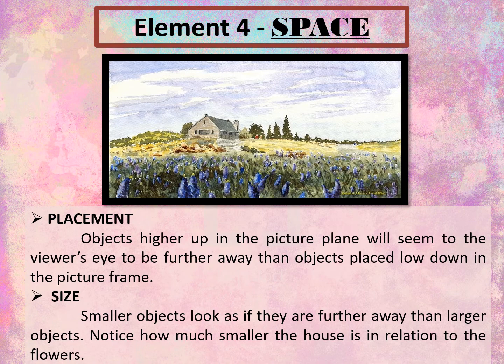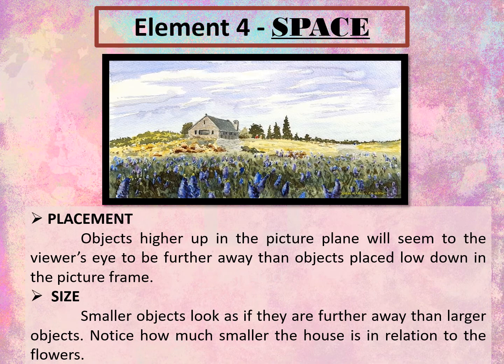While the size, smaller objects look as if they are further away. So, 'di ba, yung bahay maliit siya dahil nilagay siya sa malayo. So, the size of it is smaller object than larger object. So, yung mga malalaking object na nakita natin sa painting is yung mga flowers.